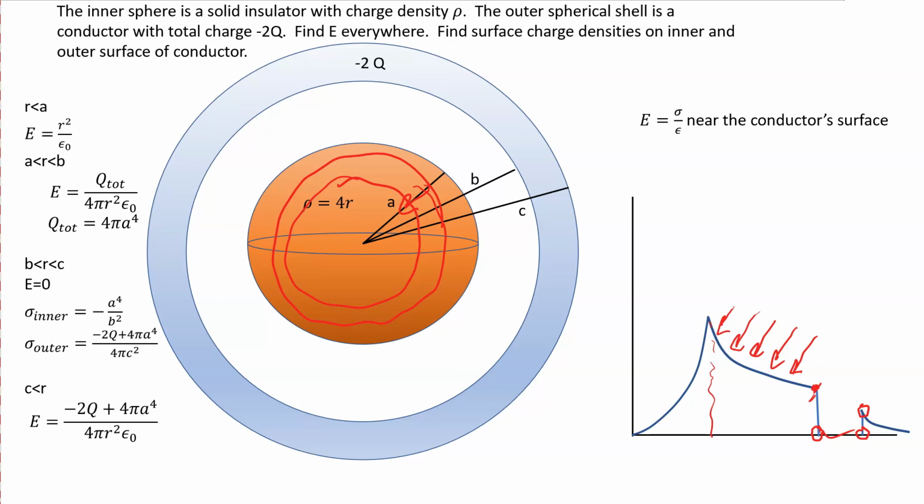And then you notice that once you leave the conductor, it picks right back up and it becomes a point charge again, falling off like 1 over R squared. So the fact that this is R squared is not super fundamental. Again, it depends on what we picked for rho. What is fundamental is that it increases and then it decreases, and then inside the conductor it's 0, and then outside the conductor we pick back up with the electric field of a point charge.